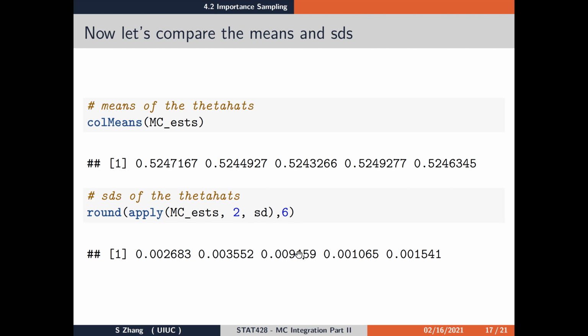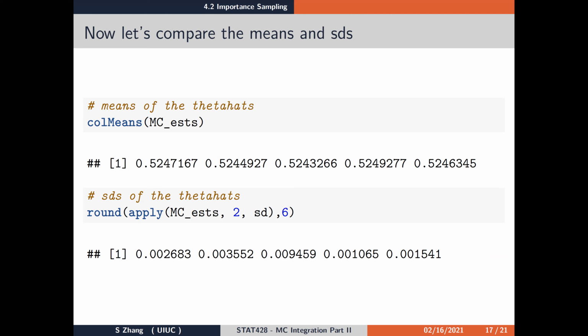Each of the entries corresponds to the standard deviation of theta hat obtained using one of the phis. This is the result of using phi1, which is the uniform density. This is from phi2, which is the exponential density. Phi3 is the T density, and phi4 and phi5 are the two truncated densities.